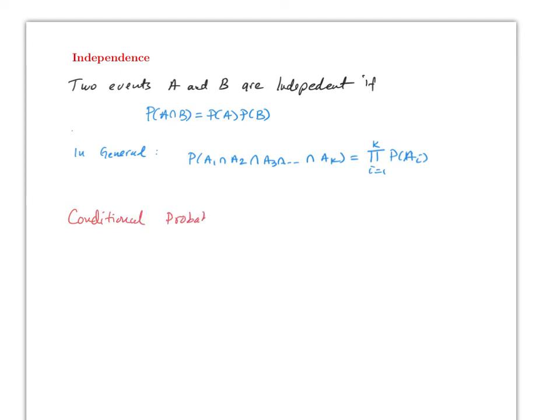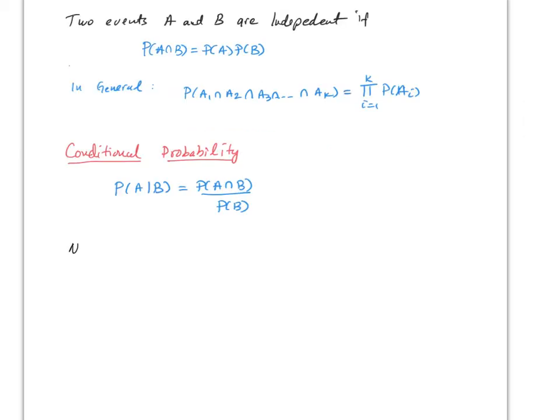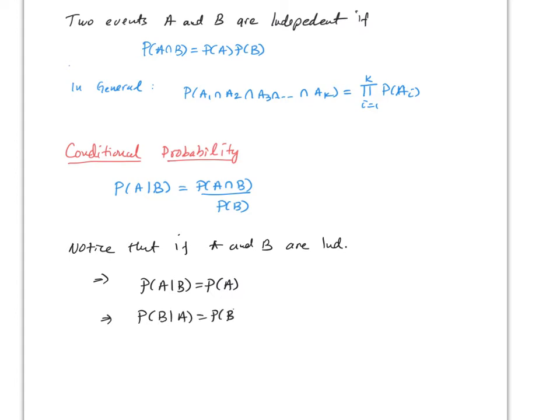So conditional probability says the following: the probability that A is going to happen given that B already happened is equal to the probability of A and B divided by the probability of B. Now notice that if A and B are independent, then the probability of A given B is just equal to the probability of A, or the probability of B given A is just equal to the probability of B.